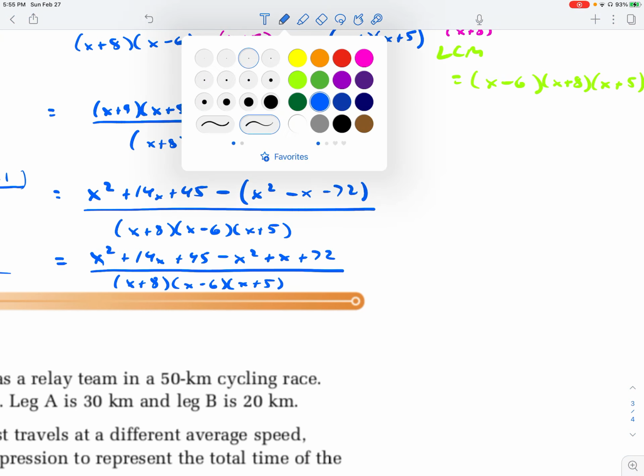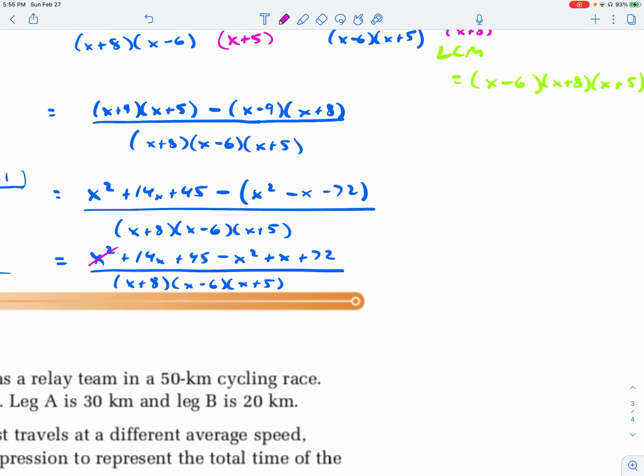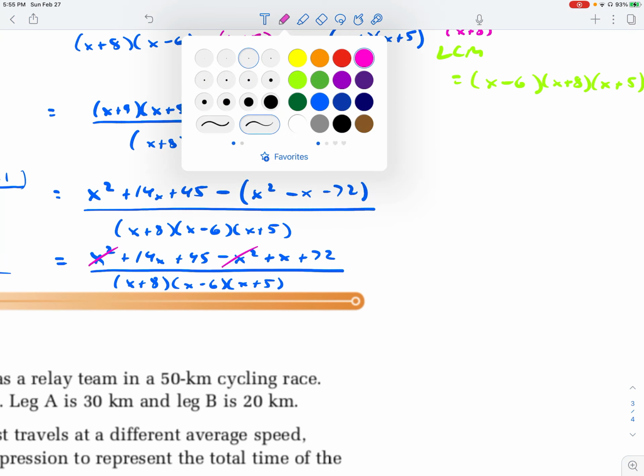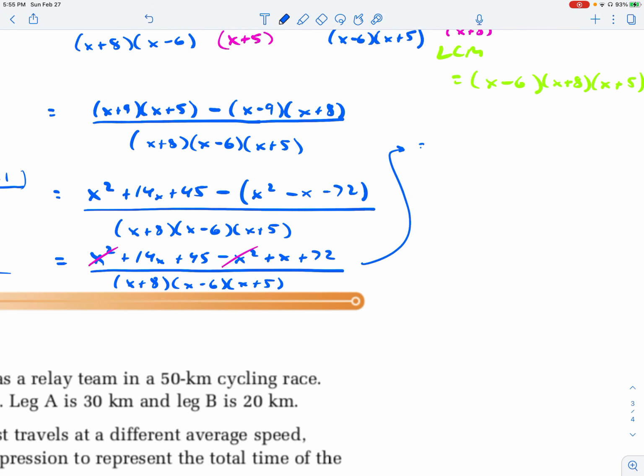And I can easily see what cancels out, like x squared, for instance, with this x squared. So we're going to continue this right here. So 14x and x gives me 15x.